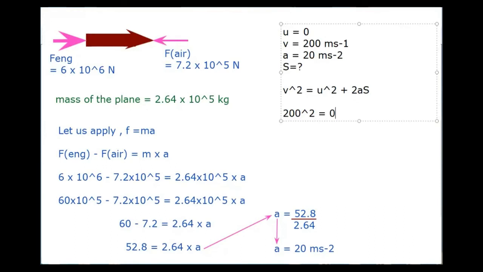Initial velocity is 0, I should take the square of it. Plus 2 into acceleration, which is 20, into displacement s. Can you do the rest and find displacement s and send your answer to my Zoom chat? S is in the unit of meters. Try there.